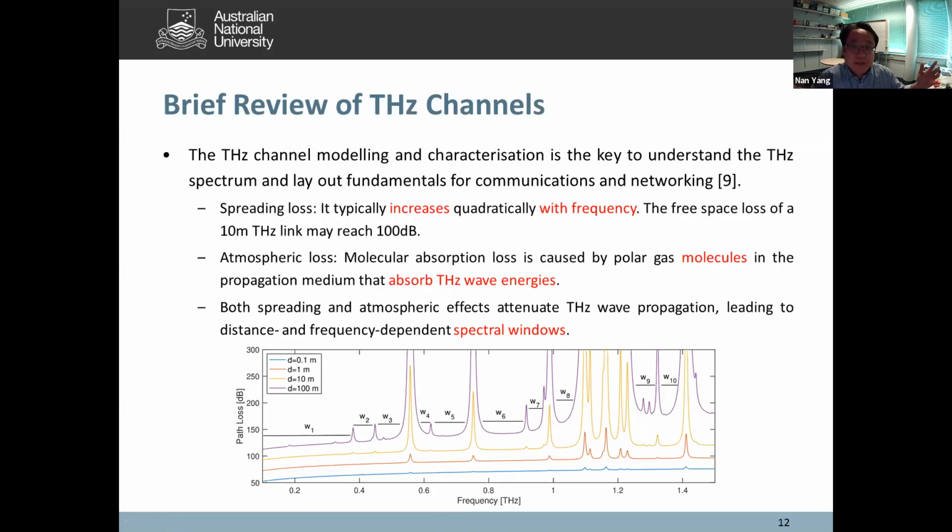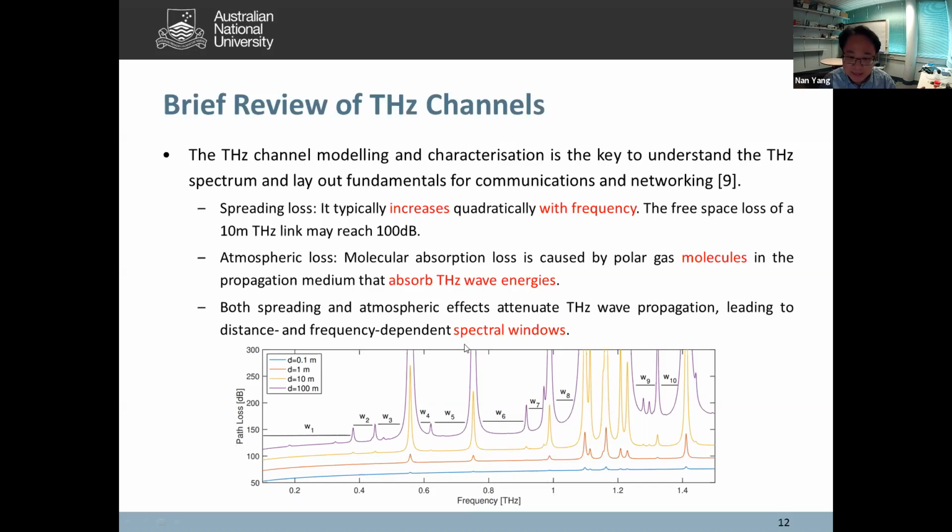So it definitely is not good to send our terahertz signals along this kind of frequency, because the path loss is very severe. And between these path loss peaks, we have a relatively flat spectrum response, and this is the window that we talk about.